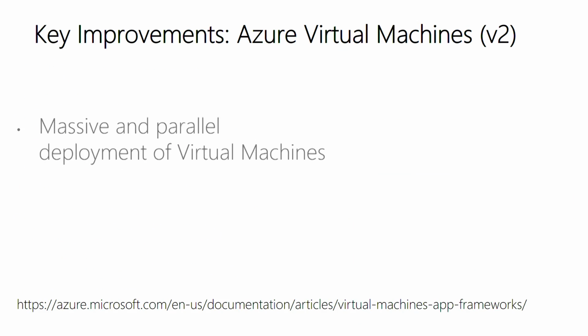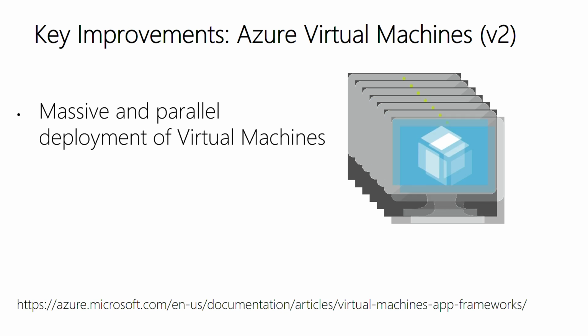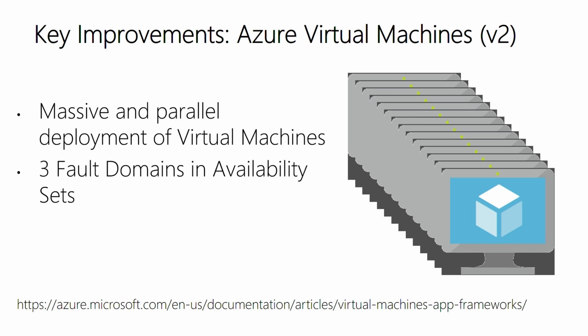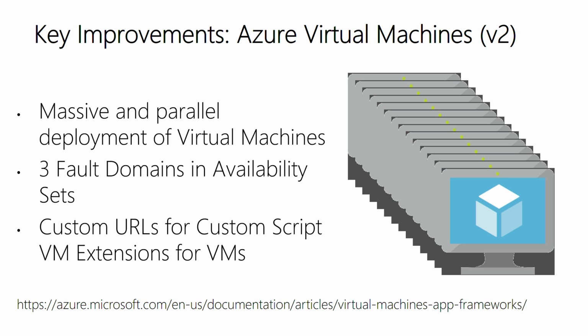With an ARM template, I mentioned the parallel capabilities of being able to go off and deploy from a scale perspective, the ability to go off and have fault domains. I'll talk about those in just a little bit inside of a single availability set. And then also, obviously, I can go through and do custom scripts and also extensions to configure those VMs as well.